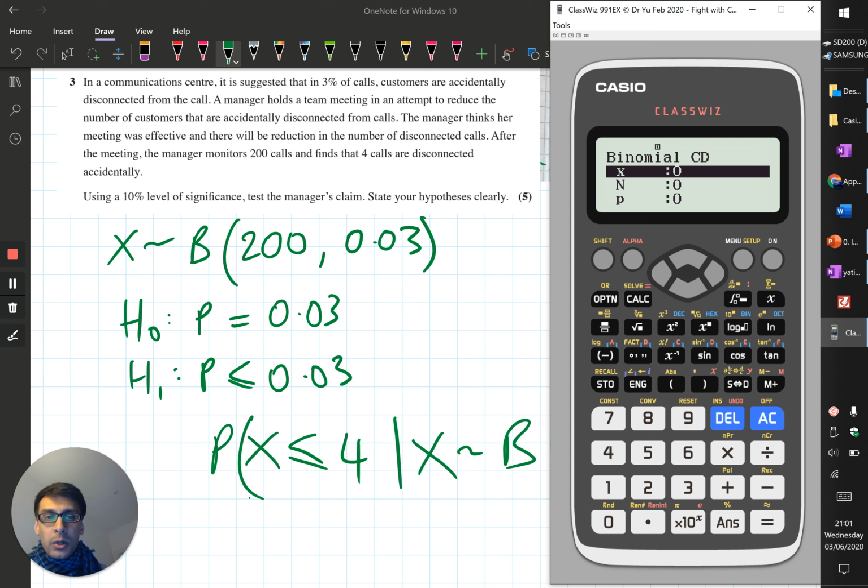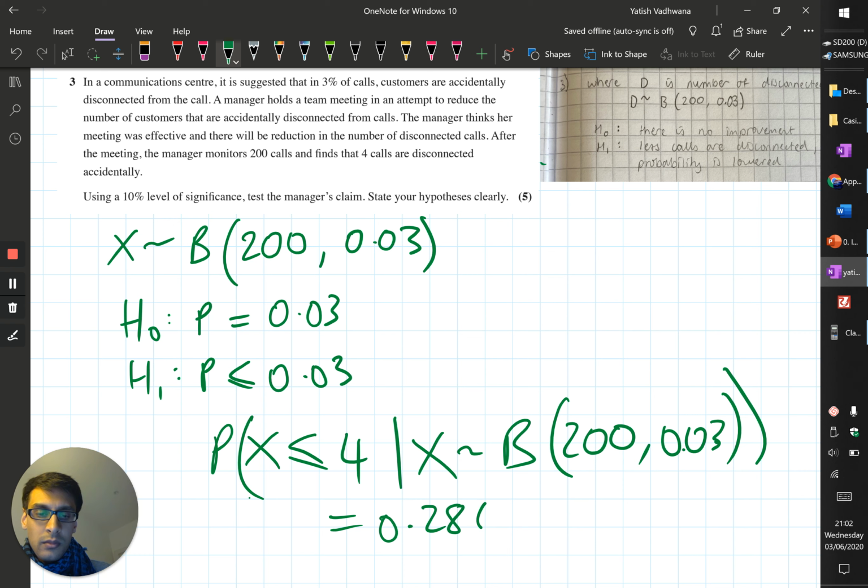So the variable X is going to be 4. Number of trials is 200. And the probability of success is 0.03. Press equals. And we have 0.2809. As a percentage, that is 28.1%.